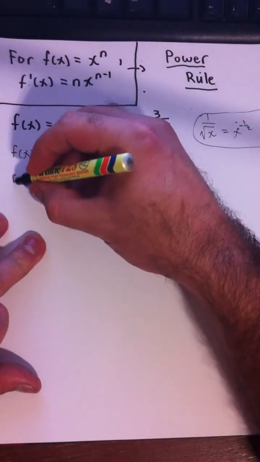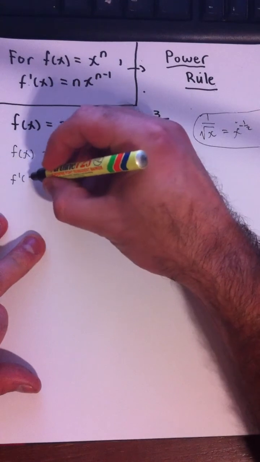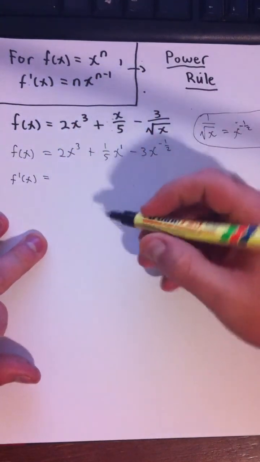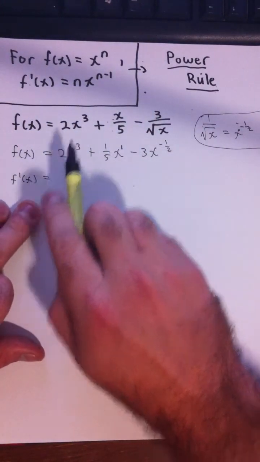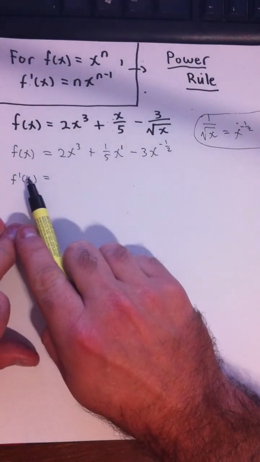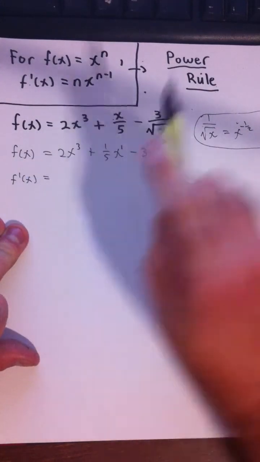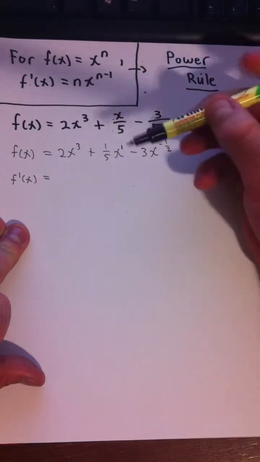So now the derivative, f prime of x, is equal to, okay, we can distribute the derivative into each of the terms here. And that's that property.